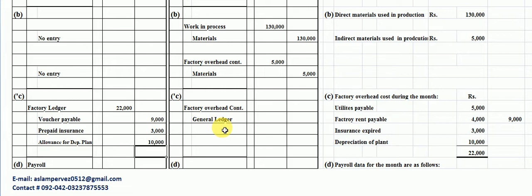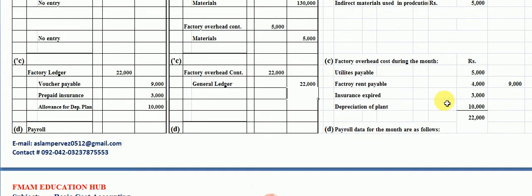For this purpose, head office account is credited in the factory office book. The amount is 22,000 rupees here and 22,000 rupees here. Now students, this is the C transaction which has been passed. Now let's move to the next transaction, like payroll.